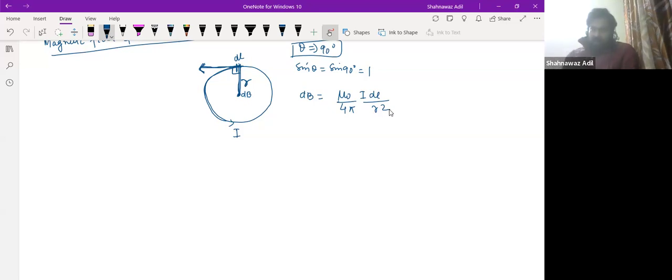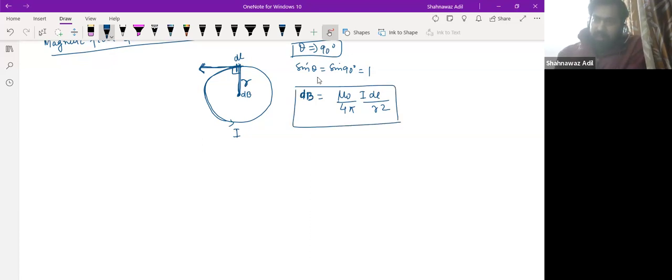So now, this is the small magnetic field dB, right? To calculate the full magnetic field, this is using the Biot-Savart's law, right?